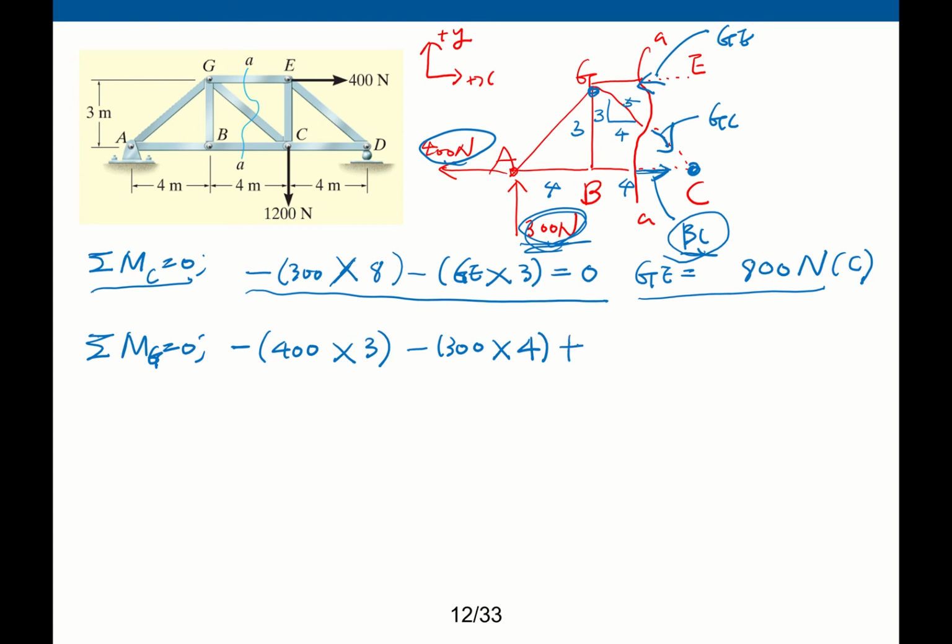And we don't know the magnitude of the BC. The perpendicular distance is 3 meters. This one should be equal to 0.